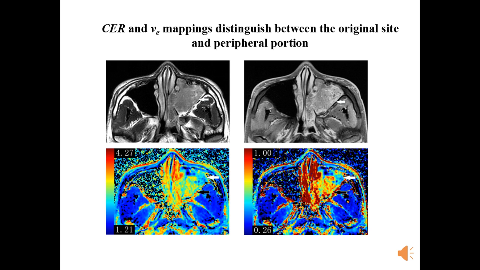However, the cool color areas on pseudo-colorized maps of CER and VE indicated original site of tumor, while hot color areas showed peripheral portion.